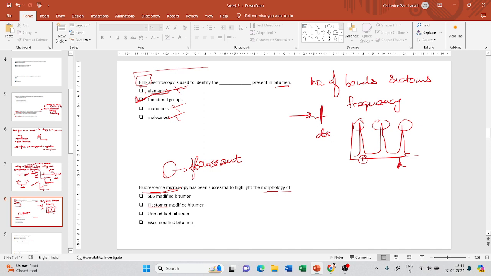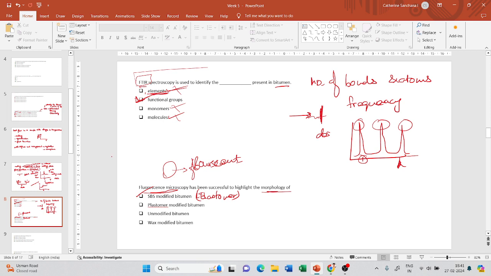Only if your material has fluorescent particles can it be captured, right? And only SBS modified bitumen, which we call the elastomer, can be studied under a fluorescence microscope, because only the SBS particles are fluorescent.